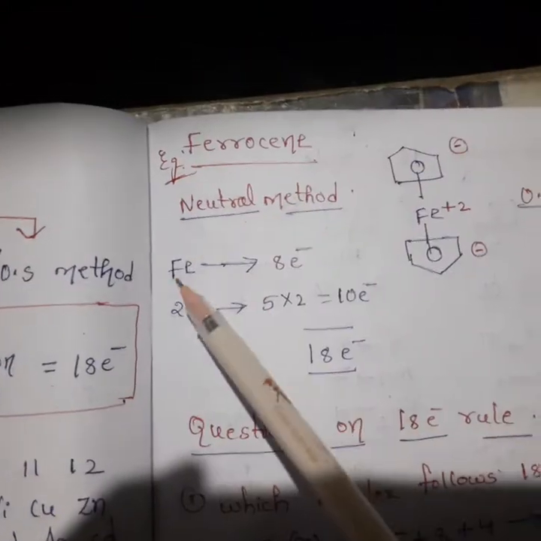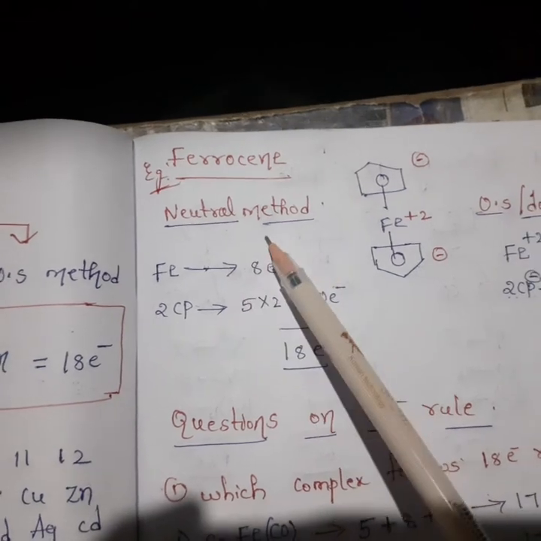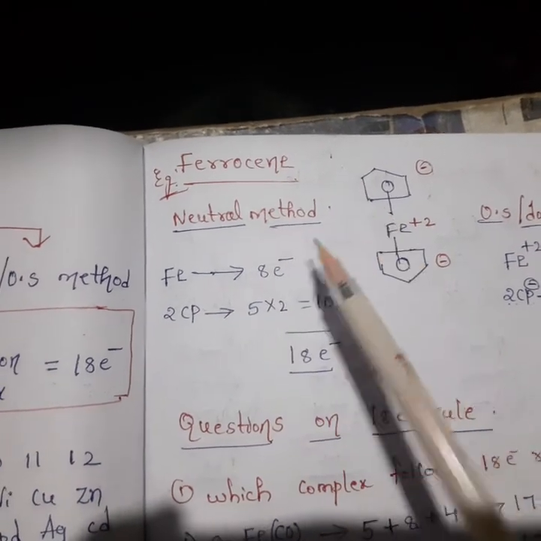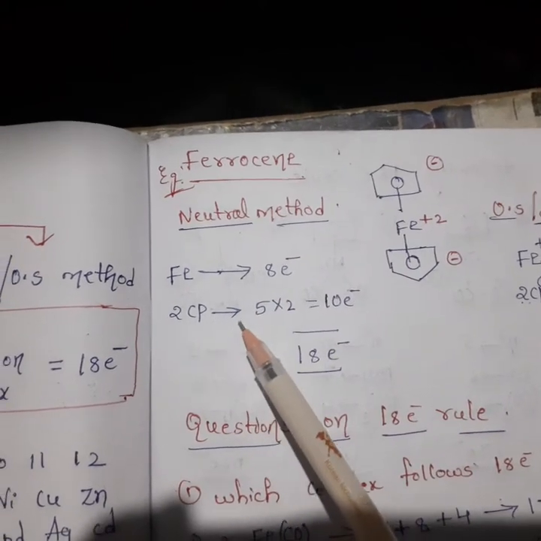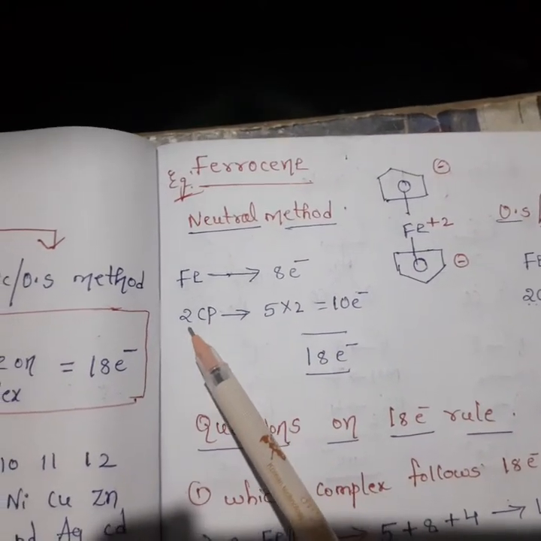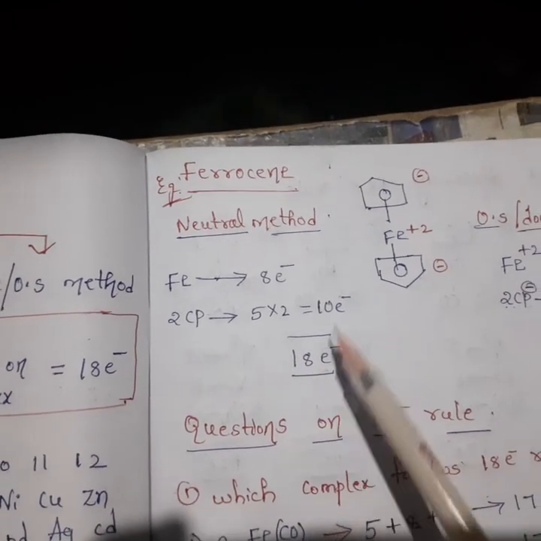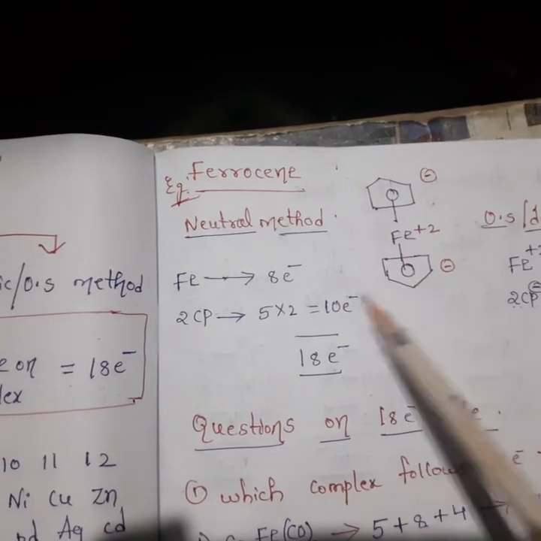Wherever you find Cp, 1 Cp contribution is 5 electrons. Here they have given 2 Cp, so 5 into 2, 10 electrons, so total 18 electrons. So we can say that this is stable.